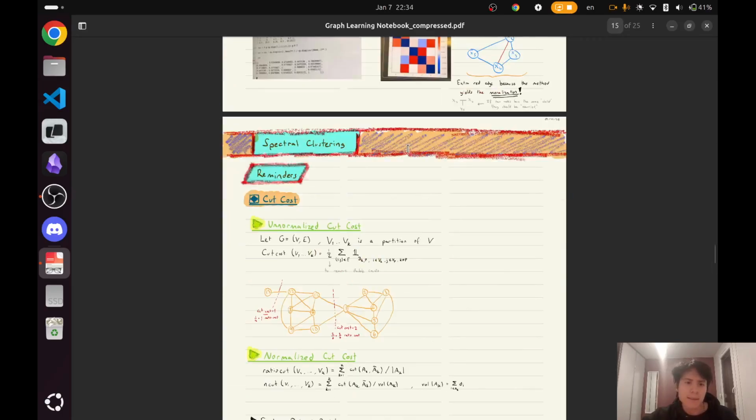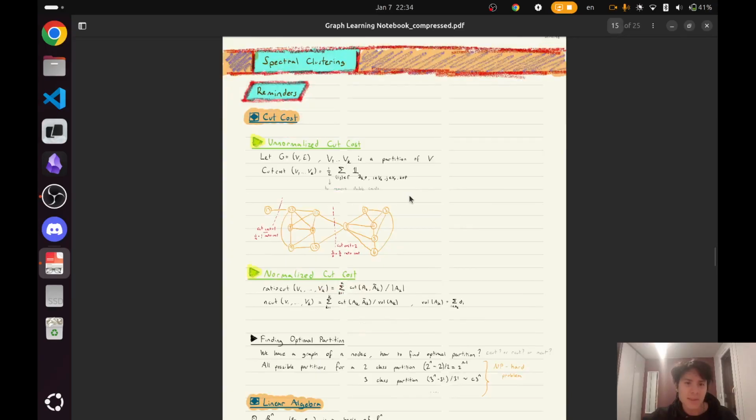And what else? We also have spectral clustering, which is really interesting. It can be established as a minimization problem. First, the motivation is that you want to cluster a graph. But how do you cluster a graph?